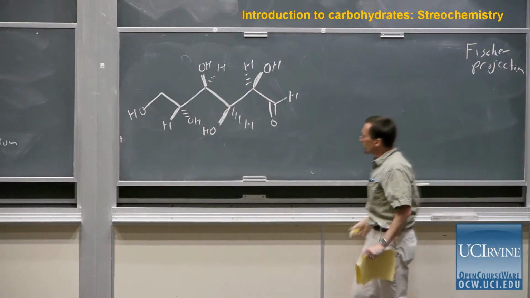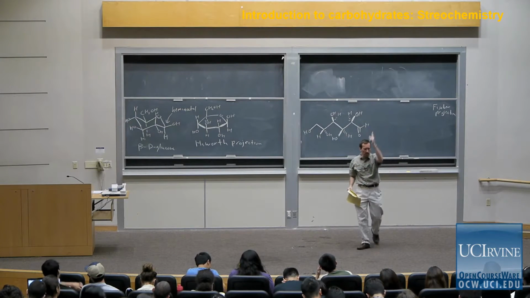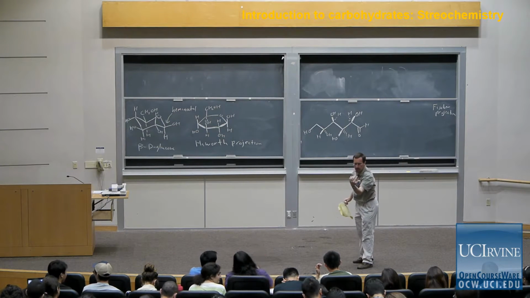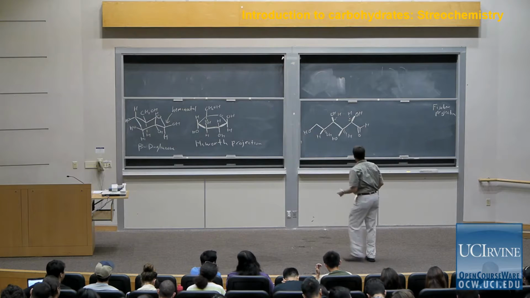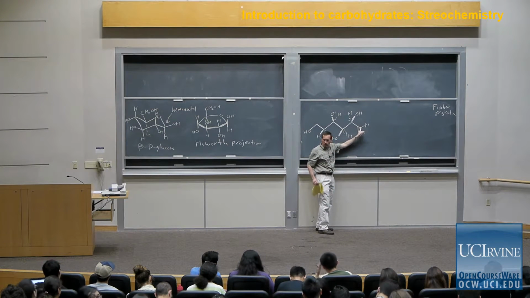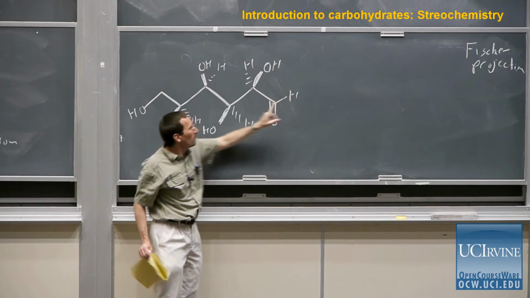In a Fischer projection, we're going to represent the molecule in a straight line. We're going to represent it so it curves backwards, but show it as linear. We'll put the aldehyde group on top traditionally.